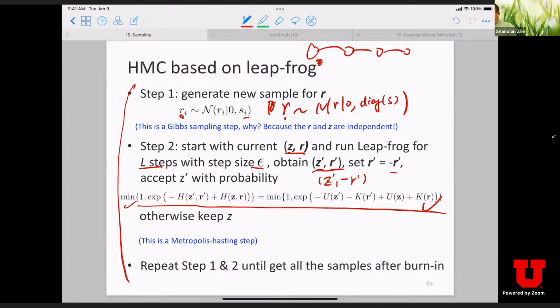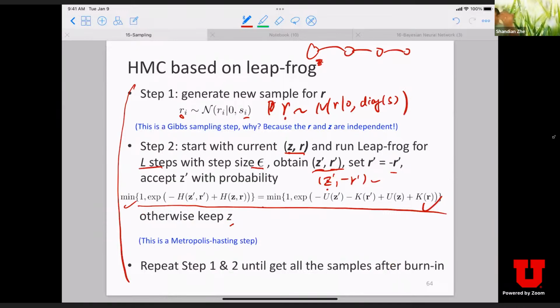And then if this sample proposal is accepted, you just keep it. But because we only care about Z, just keep Z prime, right? Otherwise, you keep Z. So this is a typical Metropolis-Hastings acceptance test, okay?